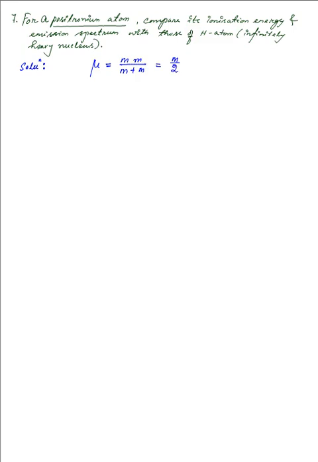Now, with this reduced mass, the reduced mass of electron in hydrogen obviously is nearly m.